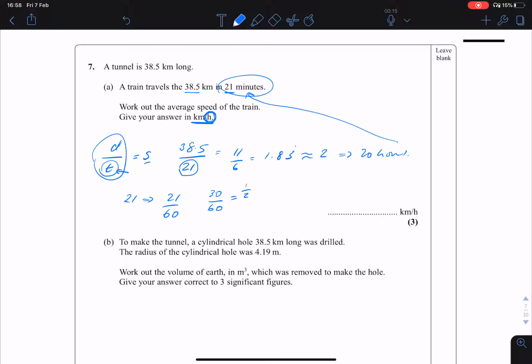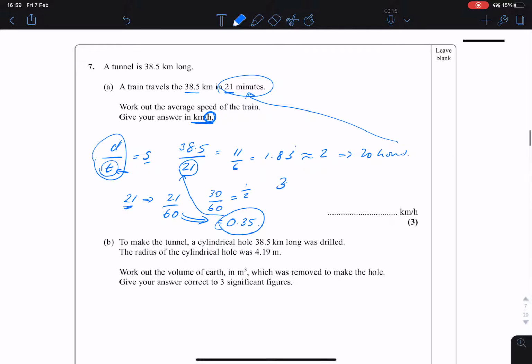You can actually put that into your calculator, put 30 over 60, and it equals a half. So 21 minutes is 21 over 60, which is 0.35. So this guy right here equals 0.35. Right. Okay, so now we can use this guy here, and we can put that into our original equation.